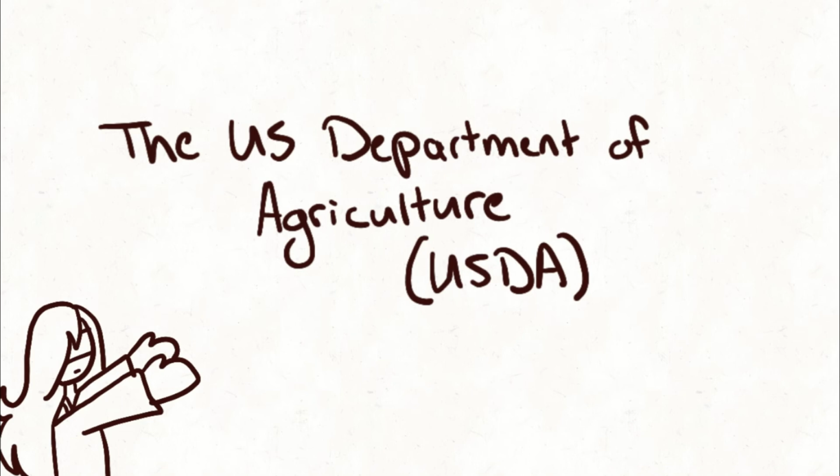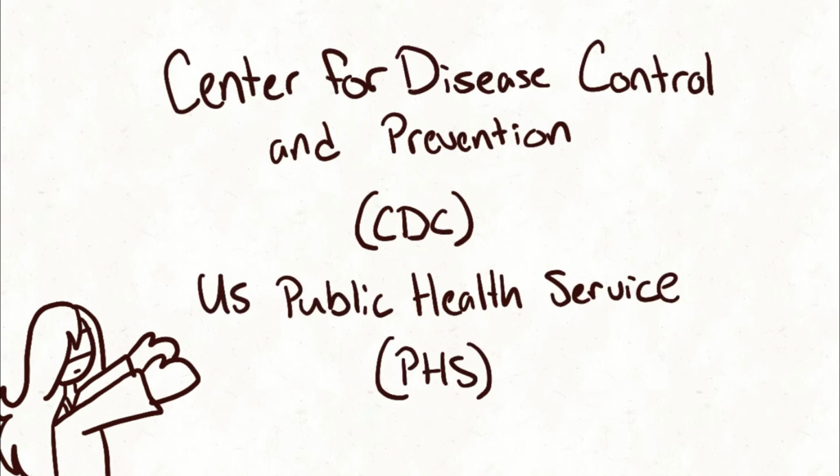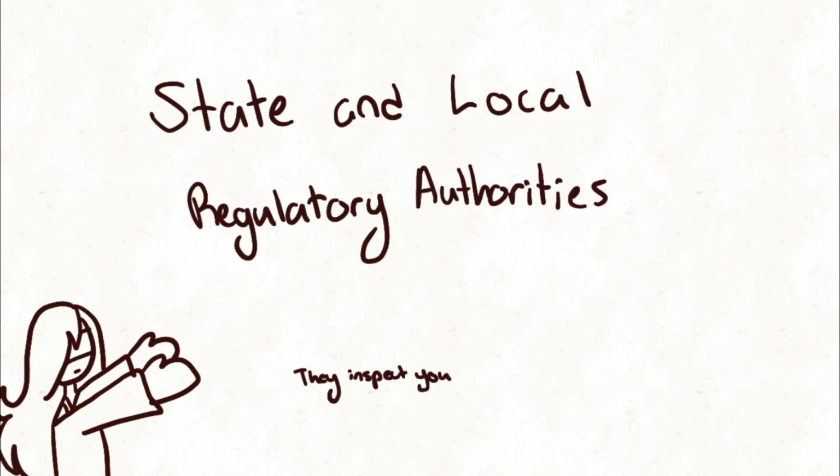It regulates food that crosses state boundaries and involves more than one state. There is the Center for Disease Control and Prevention and the U.S. Public Health Service, who assist all and conduct research into the cause of foodborne illness outbreaks and assist in investigating outbreaks. And the state and local regulatory authorities write or adopt codes that regulate retail and food service operations.